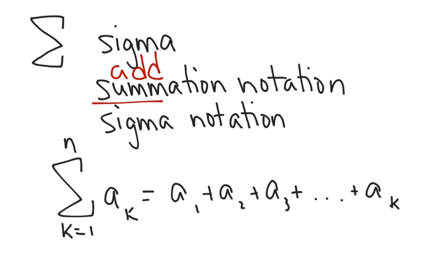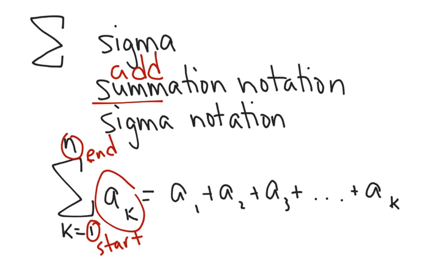And so the way this works, and it's a precursor to calculus, there's going to be a starting value underneath the symbol and an ending value above it. That means we're going to plug in every number from 1 until n into this expression. And then we're going to add all those terms together. That's how sigma notation works.